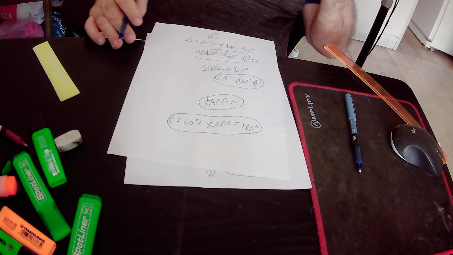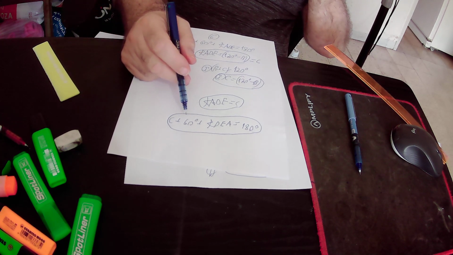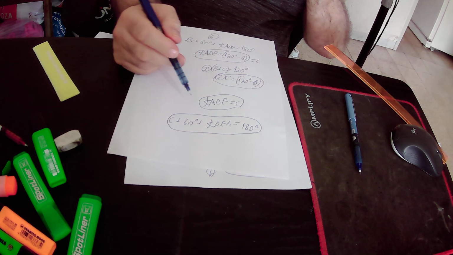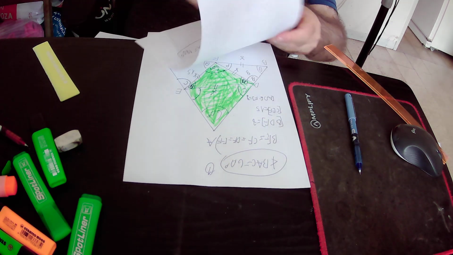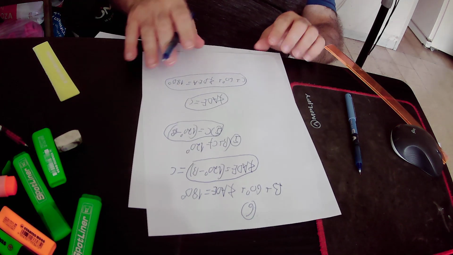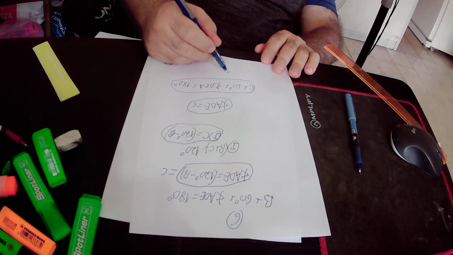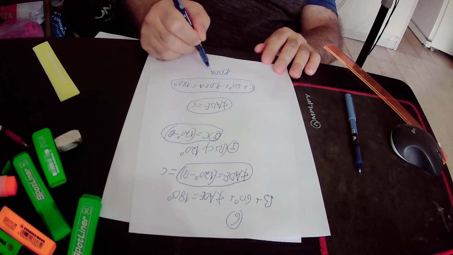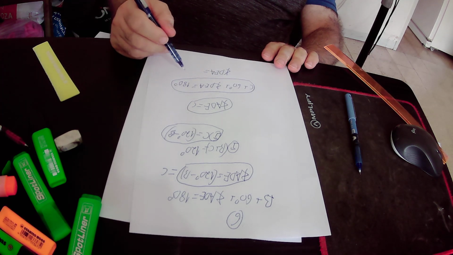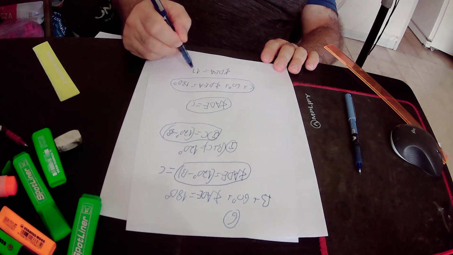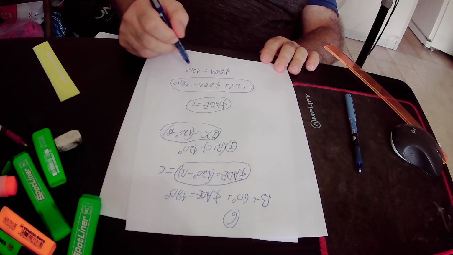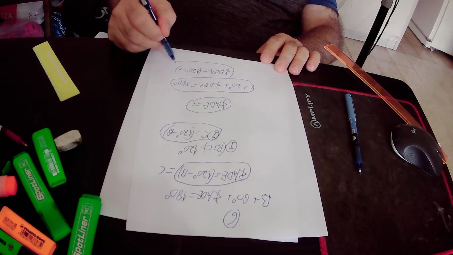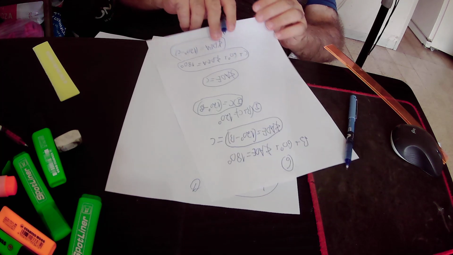Okay, so here again we'll subtract 60 degrees and C from this equality, and we will get that angle DEA equals 180 degrees minus 60 degrees, which is 120 degrees, minus C.